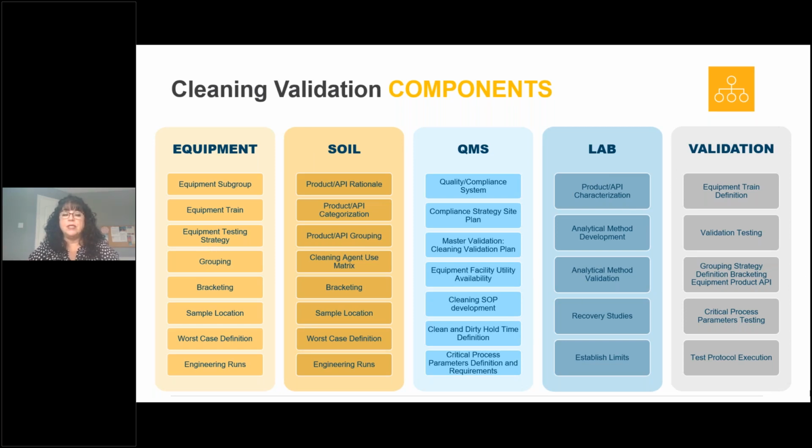So these days, with the increasing number of products, number of changes, and the number of items sharing the same equipment train, all increase the manual process risk. So Nova CVM is designed to centralize and streamline this entire process from A to Z, pulling all this information together under one umbrella.